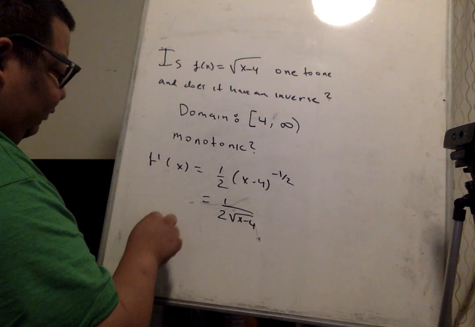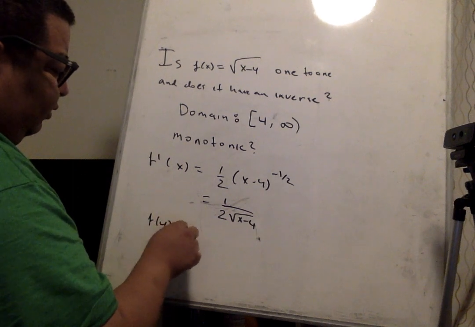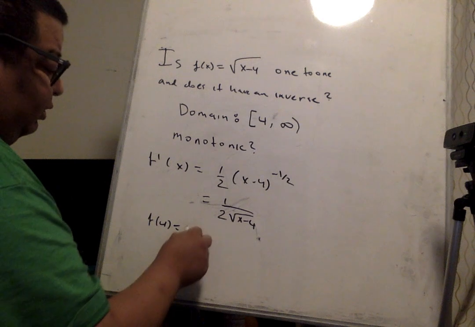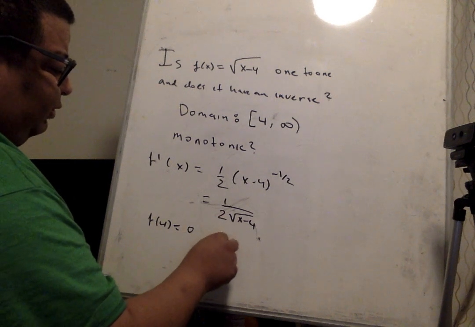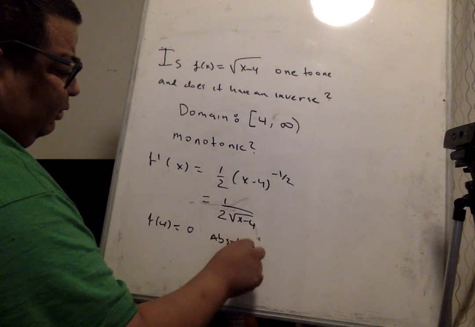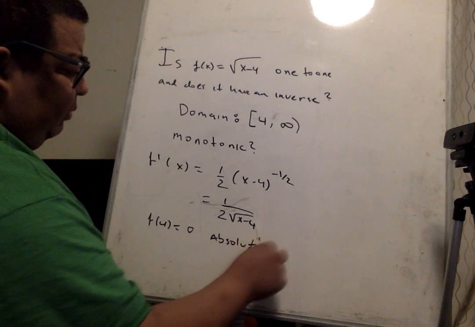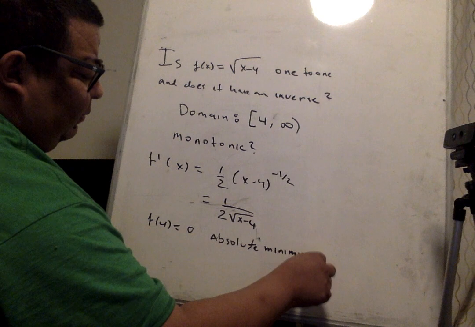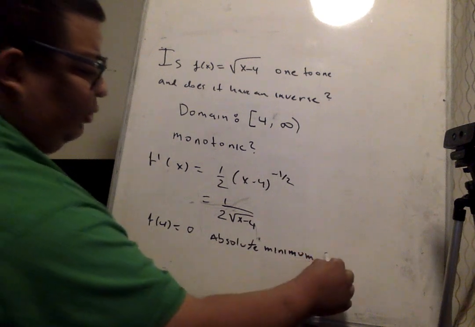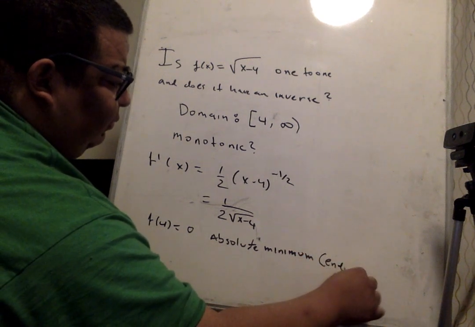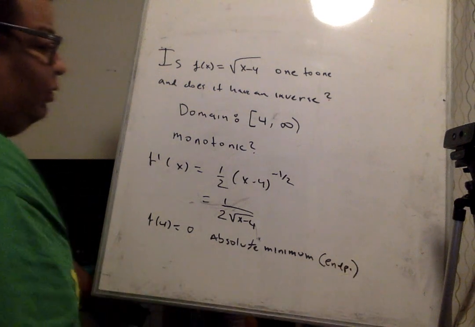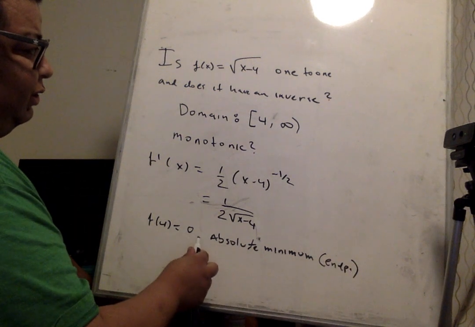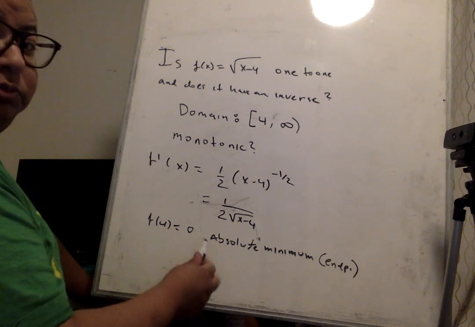So f of 4 is 0. That's the absolute minimum, the endpoint. We take care of that because that's the lowest point of the function.